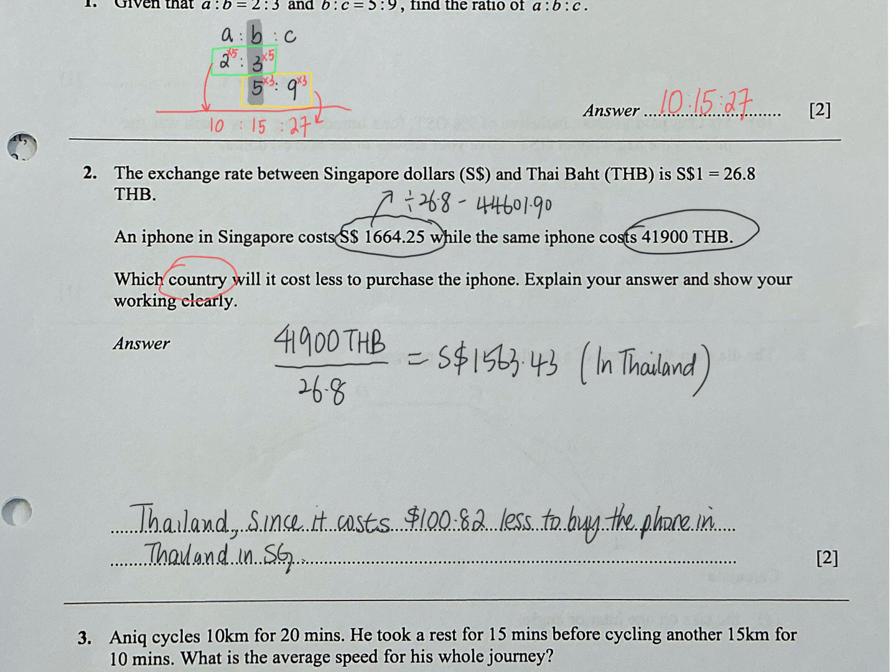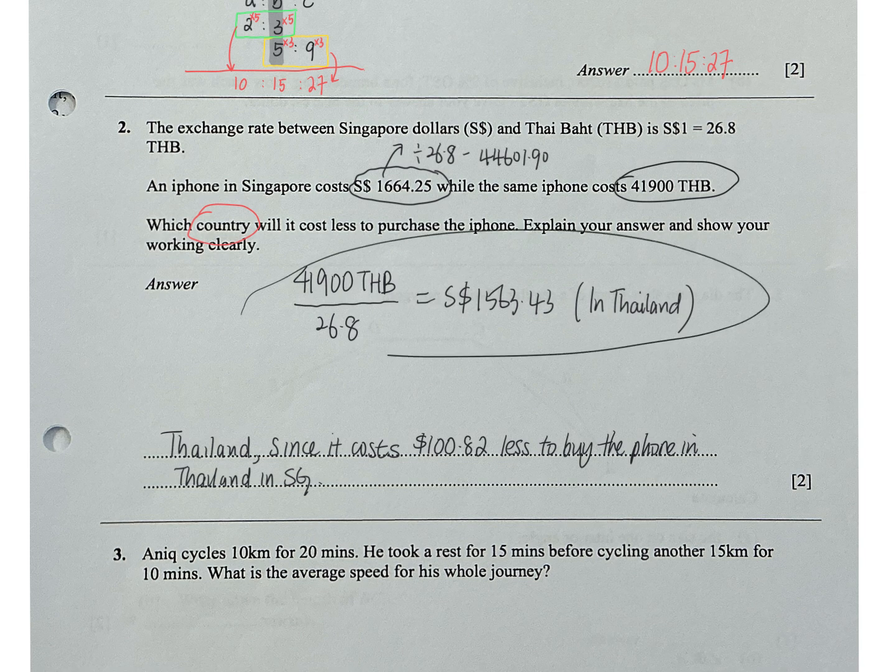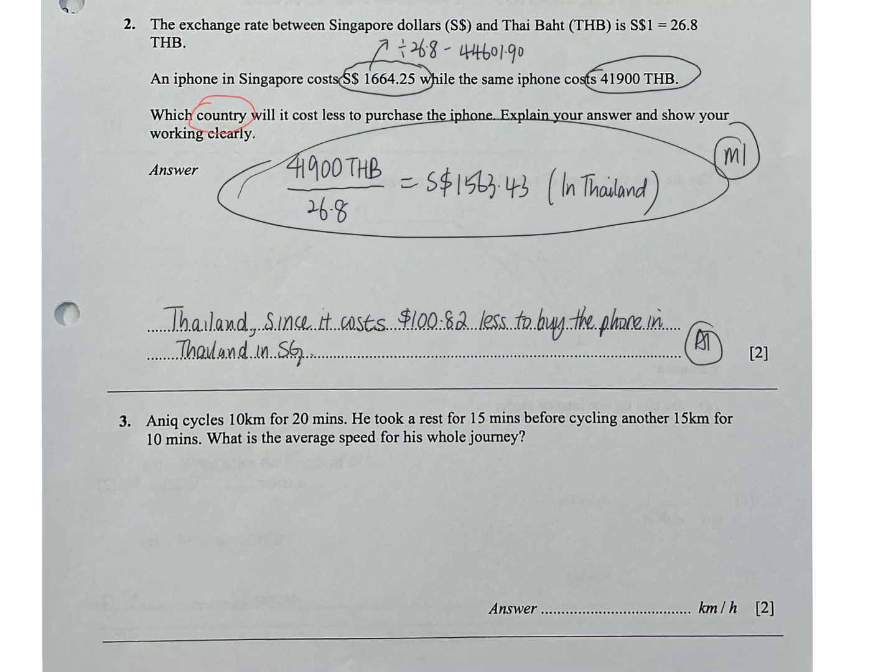Then you tell me it costs about 2,701 Thai baht less. Okay? So up to you. Both ways are fine, but you need to tell me the correct country and it costs lesser by how much. So most of you could get this 1 mark, but cannot get this. So read the question carefully, don't anyhow Thai baht.